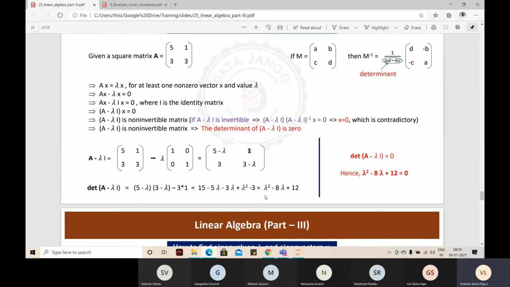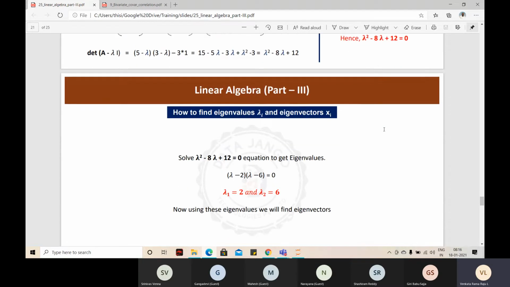I am saying this determinant is 0 for A minus lambda I, because we are trying to find eigenvalue and eigenvector. To find eigenvalue and eigenvector, the basic condition it should satisfy is that the determinant of A minus lambda I is 0. So I equated it to 0.